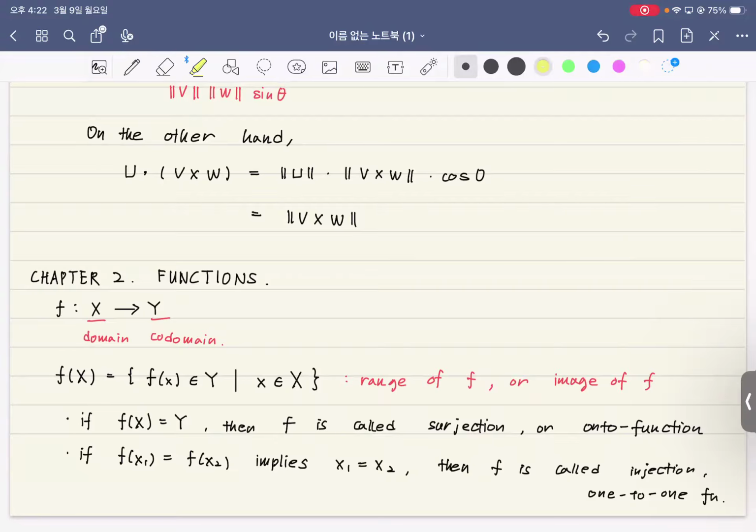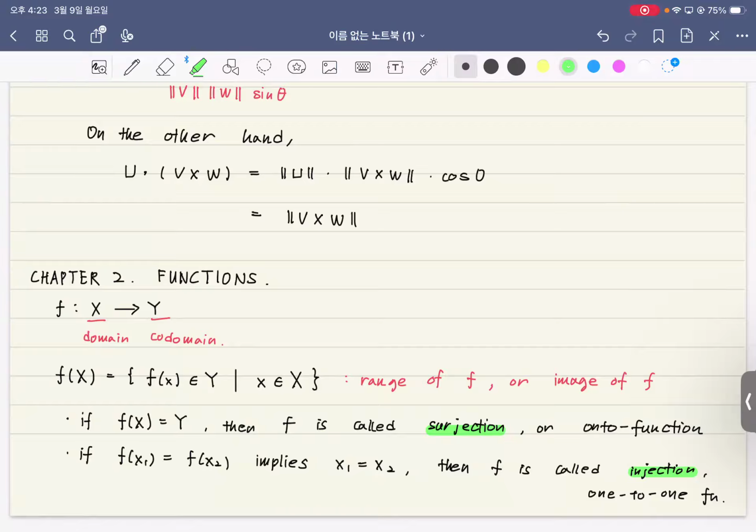So here I'm introducing surjection and injection. So what do I mean by that? Suppose that two elements in the domain have the same image, and this implies x1 equals x2.